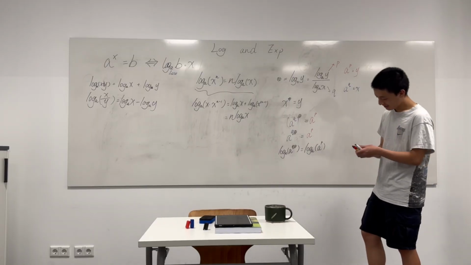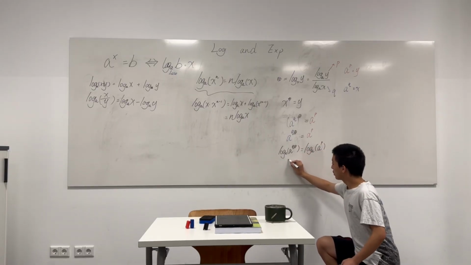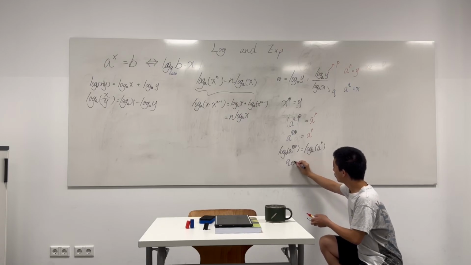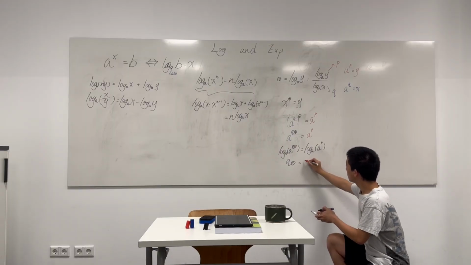So at the end, we can know that Q O plus is equal to P.